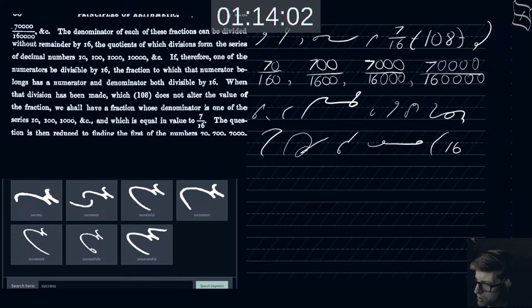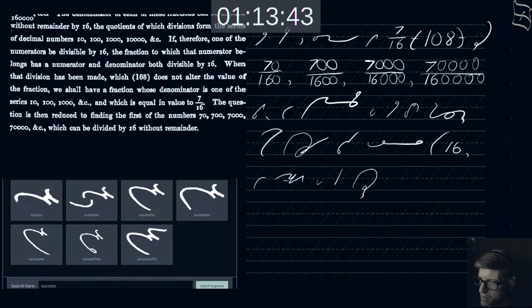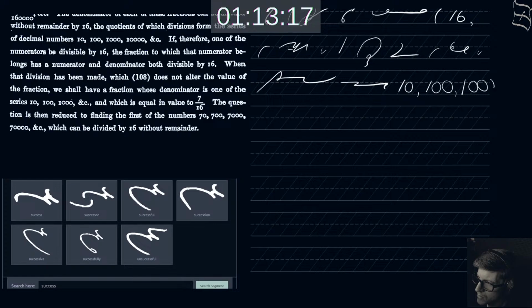The quotients of which divisions form the series of decimal numbers: 10, 100, 1,000, 10,000, etc.